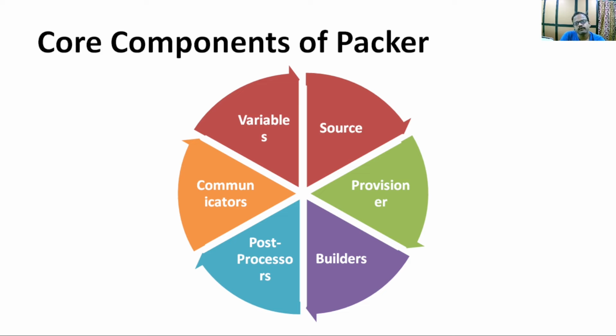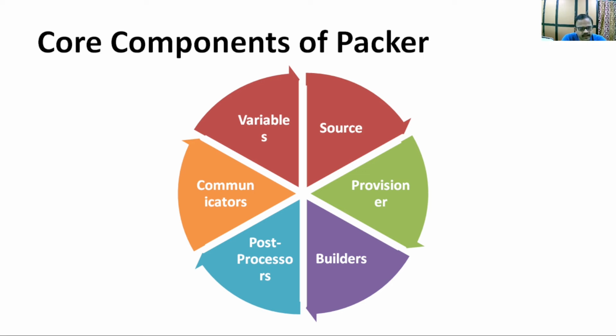Before you write your Packer files, you need to know about some important core components of Packer. A Packer file will consist of different modules or blocks. Those blocks are source, provisioners, builders, post-processors, communicators, variables. These are the important components of Packer.